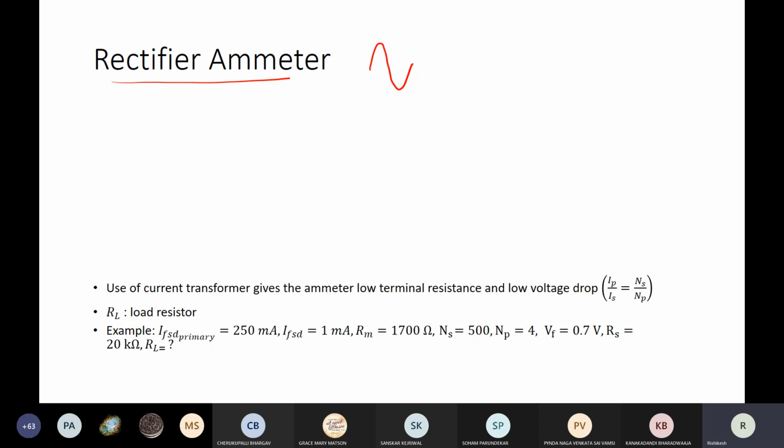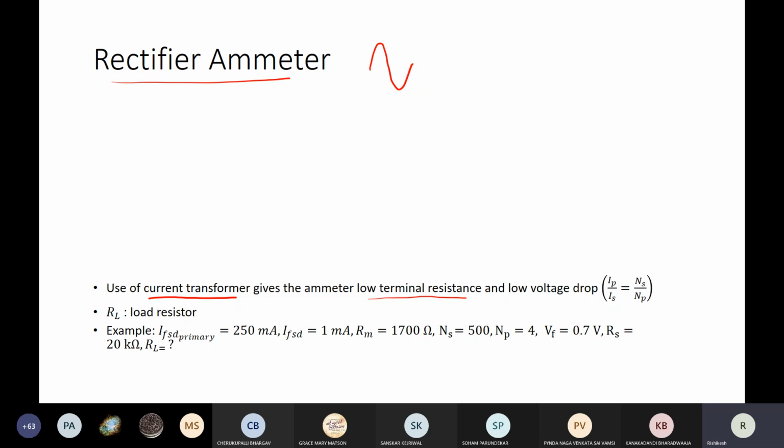So what is done is we use a current transformer, which will give the ammeter the required low resistance as well as step up the voltage to overcome the voltage drop across the diodes.